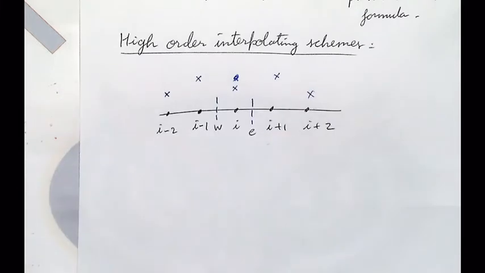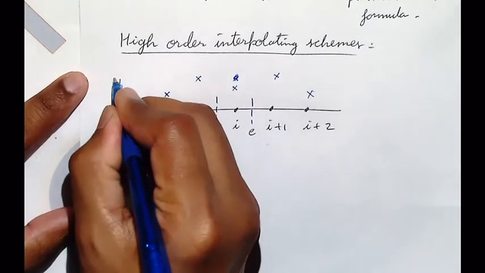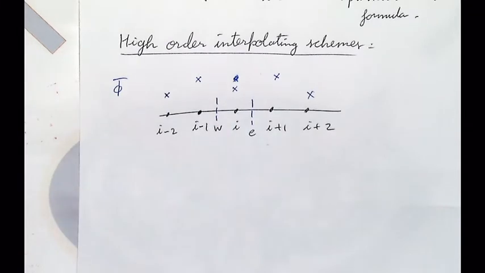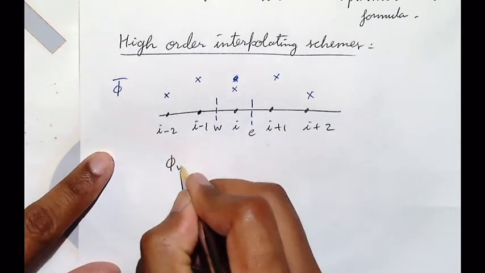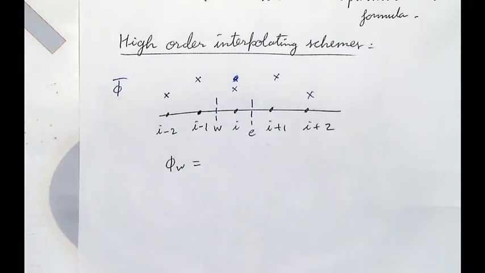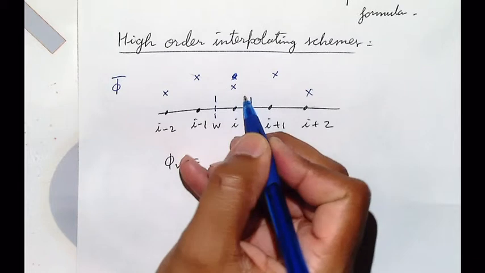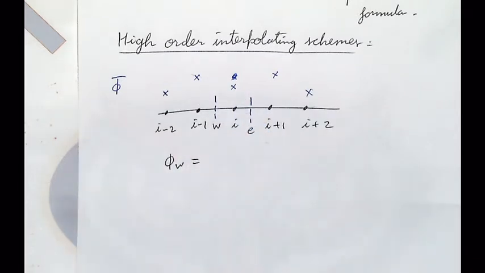Can you give me a good estimate for phi west? How should I write phi west? That's the first thing we tried: a linear interpolation between these two. What else can you do?